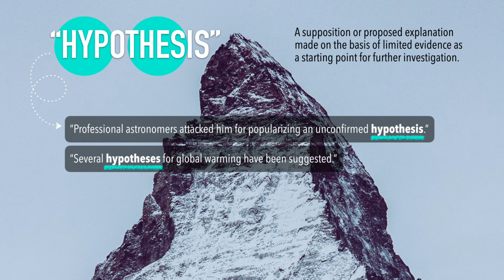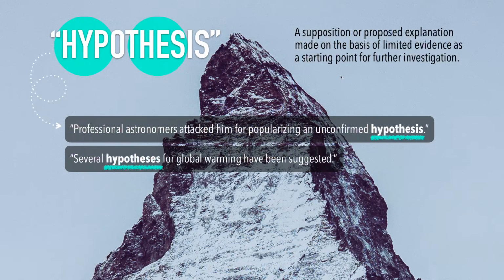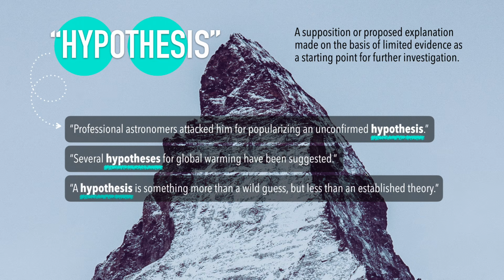Here's the next sentence. Several hypotheses for global warming have been suggested. There have been many different suppositions, many different guesses about global warming. So once again, several hypotheses for global warming have been suggested.